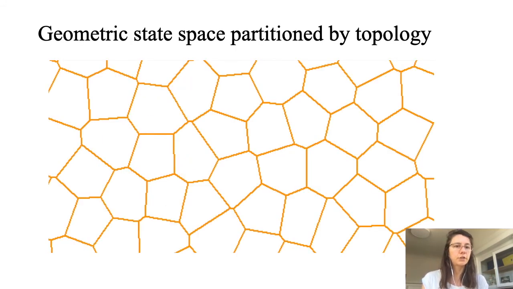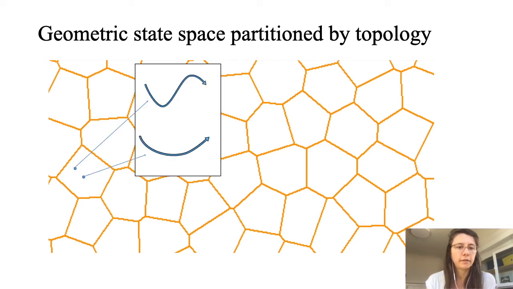Topological states are an abstraction of the geometric states of the rope. Imagine the geometric state space of the rope extends over the whole screen; then topological states partition the continuous space into cells, and geometric states in each cell all have the same topological state. For example, this pair and this pair.